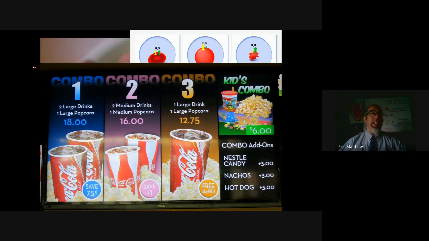Now, we see the same kind of thing happen at movie theaters. If you can manipulate the biology, you can make billions of dollars. Look at the fast food industry. It is entirely based around manipulating our biology. It knows how we will respond to high fat, high sugar foods.